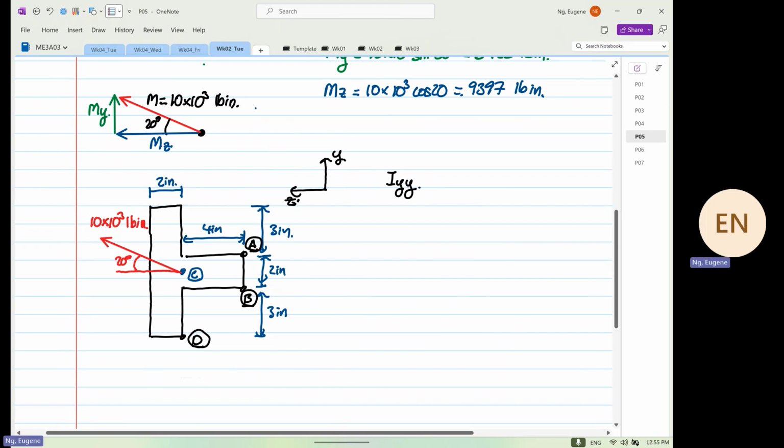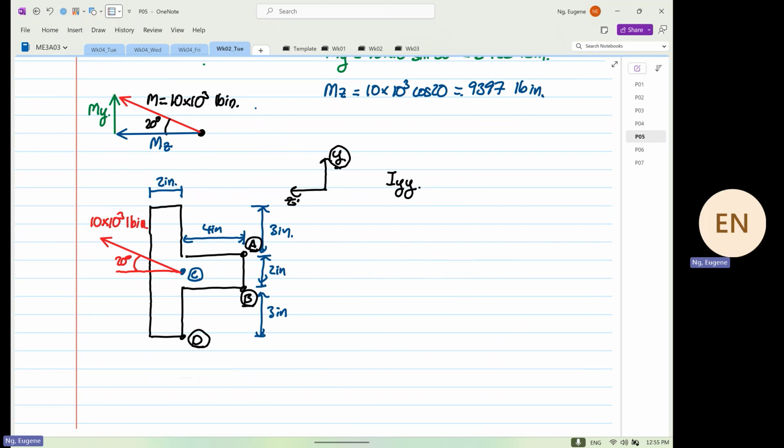So Iyy, the YY axis, right? So this is our YY axis over here. So whatever we have over here will be our width. Whatever distance we have over here is our depth. The general formula to apply is I equals b d cubed, or width times depth cubed over 12, plus A times the square of big Y bar minus small y bar.